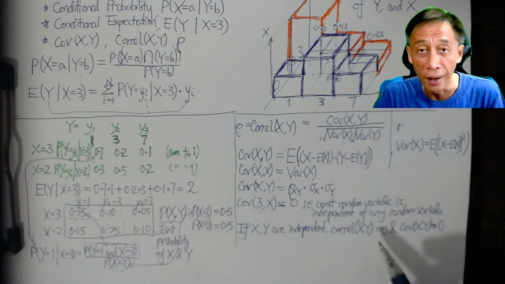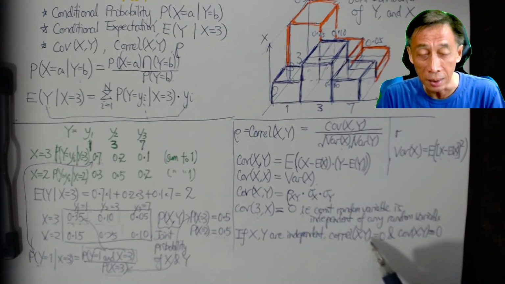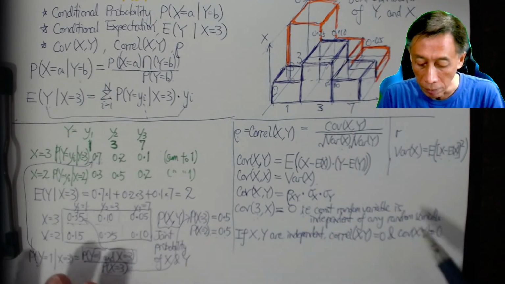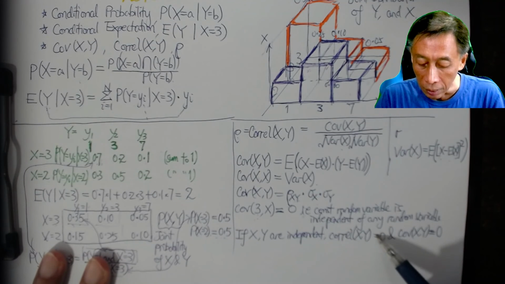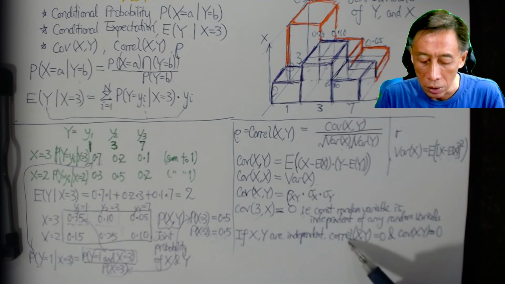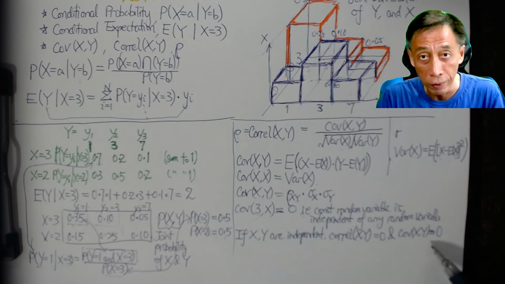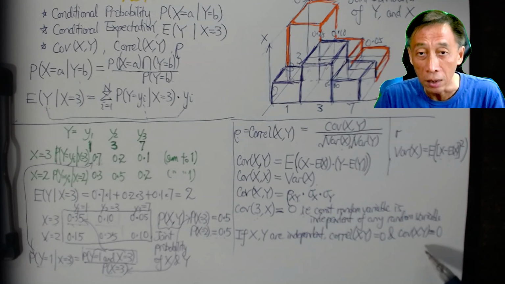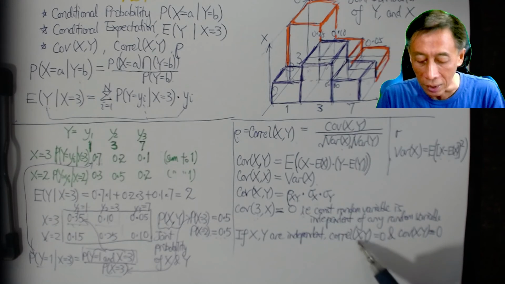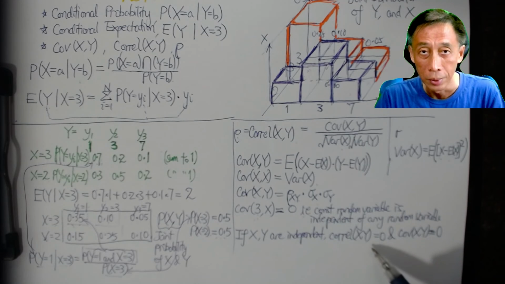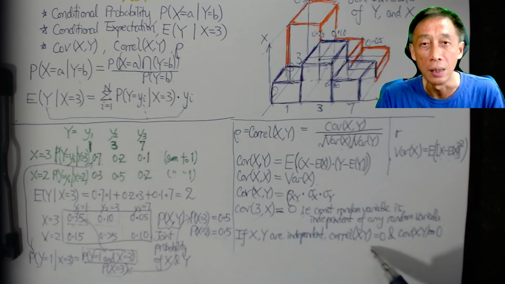So if I have some data, some distribution, some joint probabilities for x and y that ended up giving you a computed correlation of 0 or covariance of 0, it might trick you to think that x and y are independent. But in fact they are not.